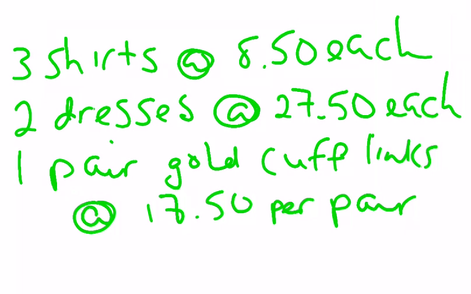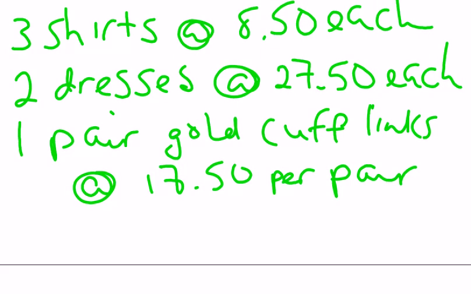Again, this one uses the chart that's in the actual assignment. When it says he has not used his duty-free exemption yet, each person gets to bring back so many items worth a total amount without having to pay a customs fee. When we add up everything this person has bought, there's 3 shirts times $8.50, that's $25.50.